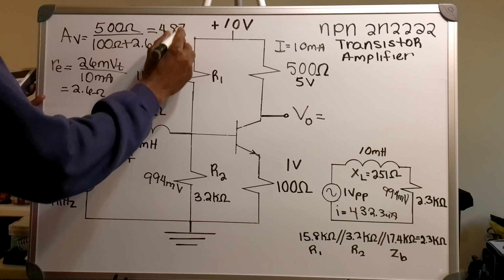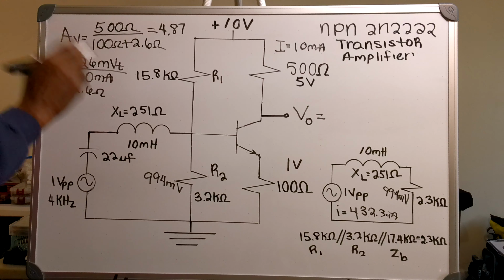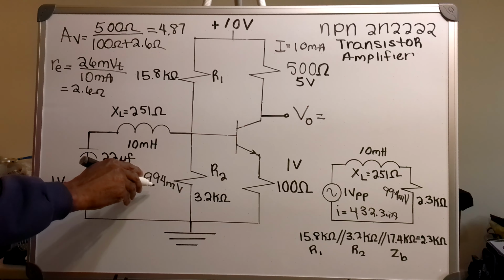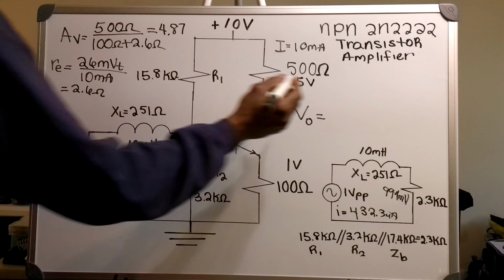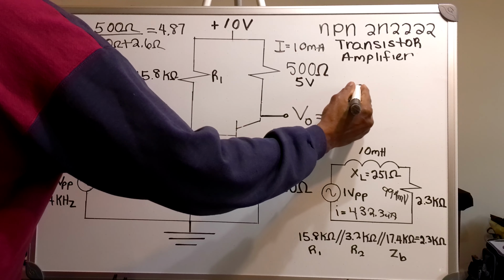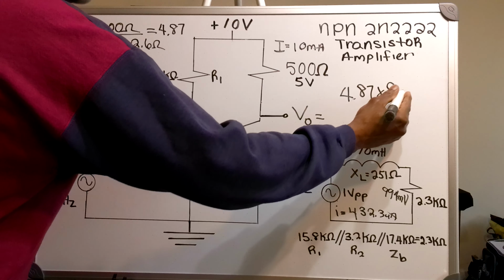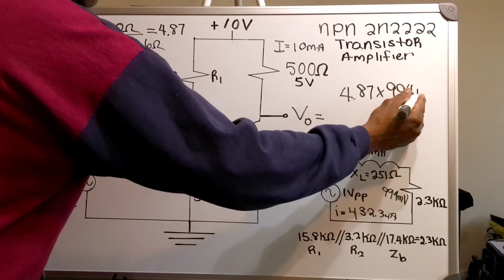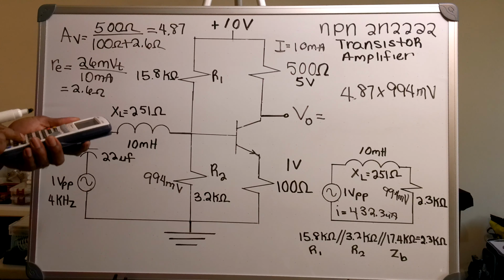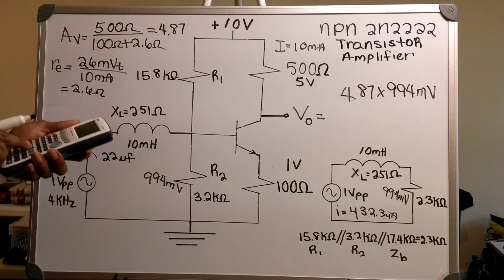4.87. It's not volts. It's just 4.87. Now I take my 4.87 and I multiply it by my 994 millivolts. 4.87 times 994 millivolts.